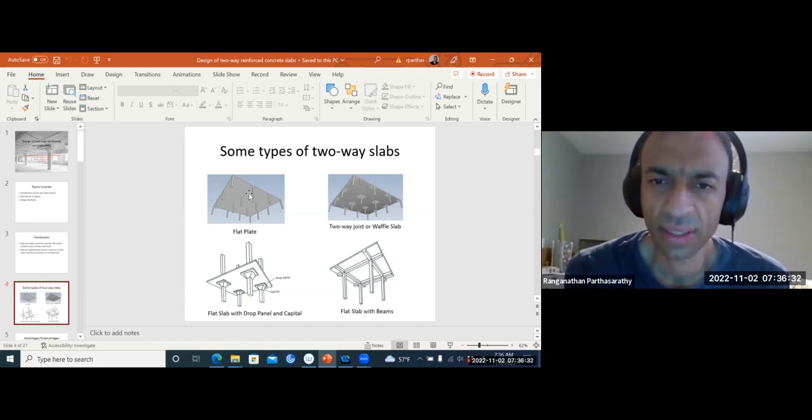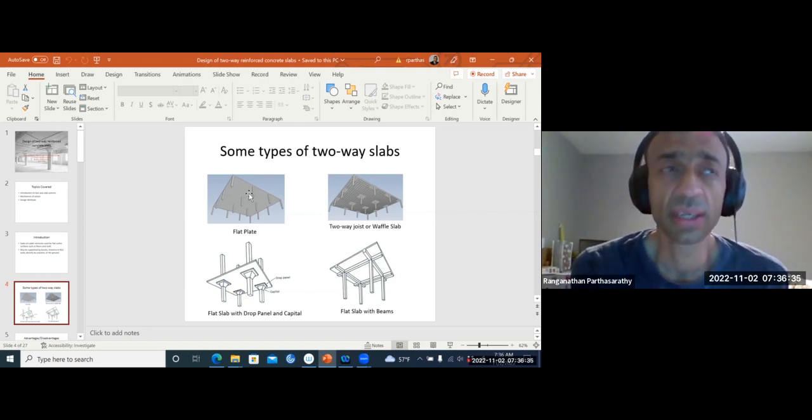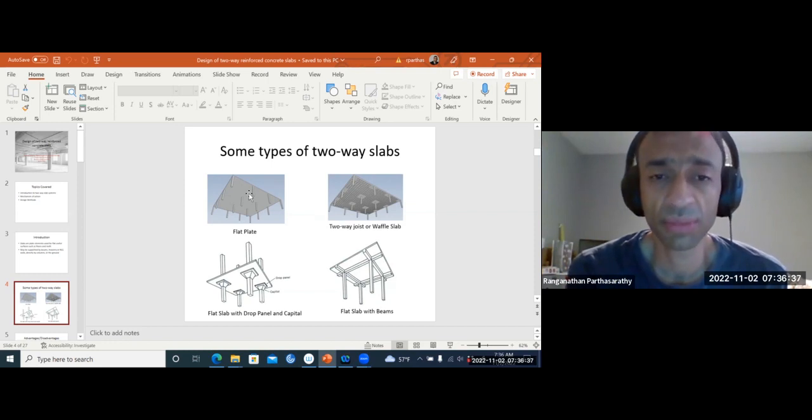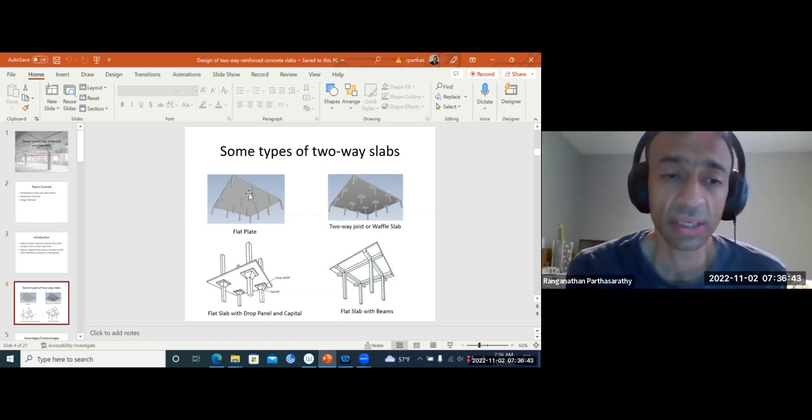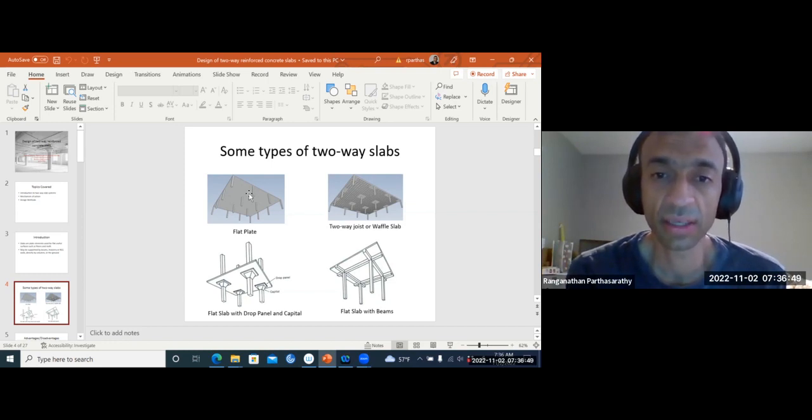It is also a somewhat bold concept of design, because a lot more care has to be taken in designing a flat plate than the other kinds of slab, especially since the chances of punching shear are much higher for flat plate.